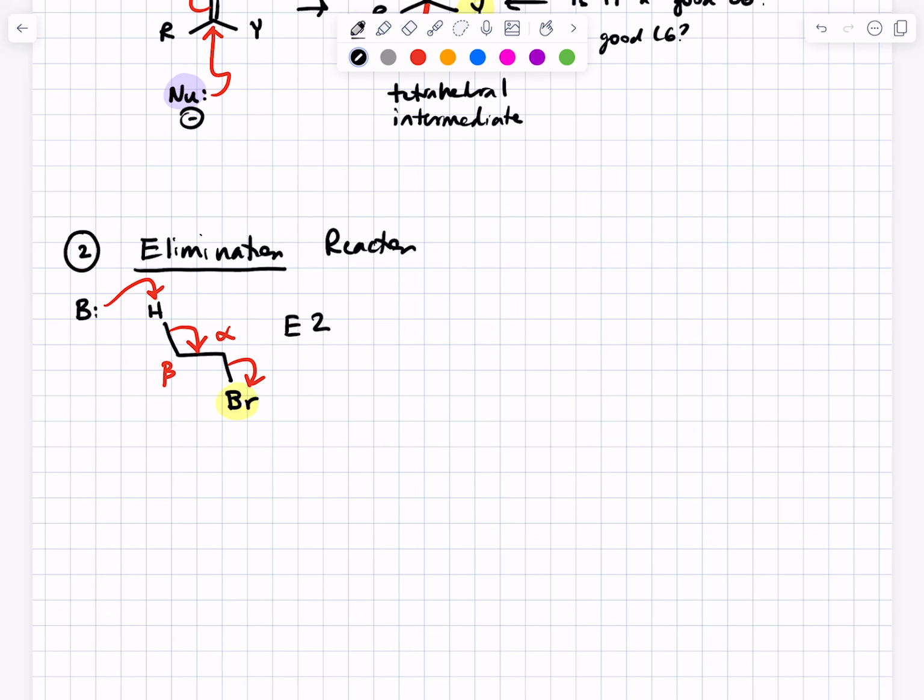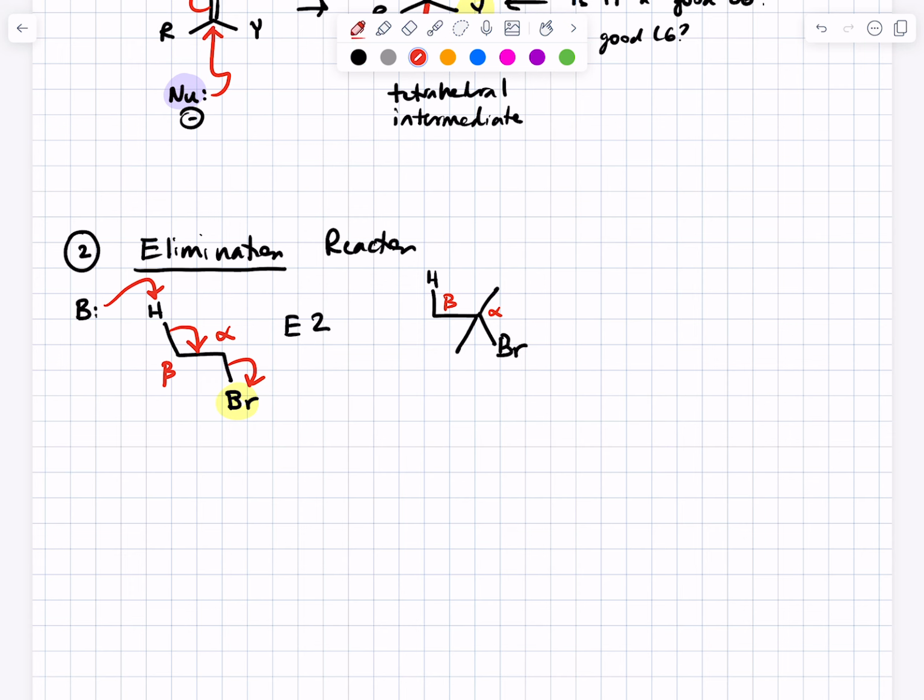Now, the other thing you learned about in 351 was another style of elimination reaction where actually we have to modify the molecule just a little bit, but there we go. There were cases in which, I got the alphas and the betas wrong, didn't I? This is the alpha carbon, this is the beta carbon.